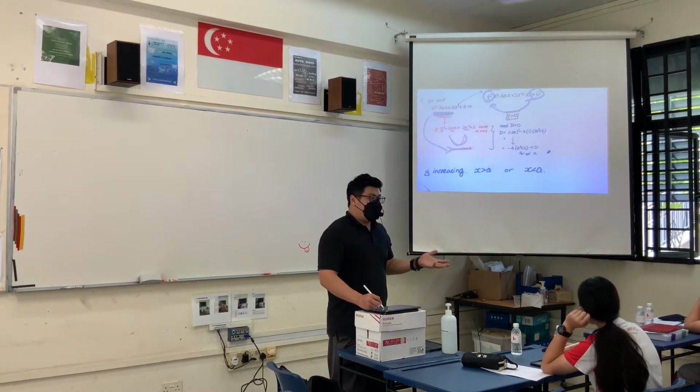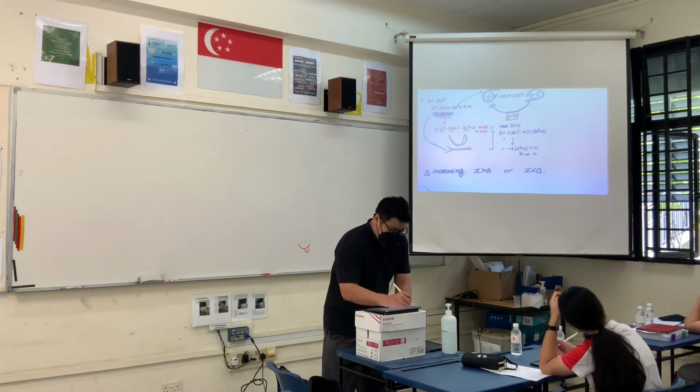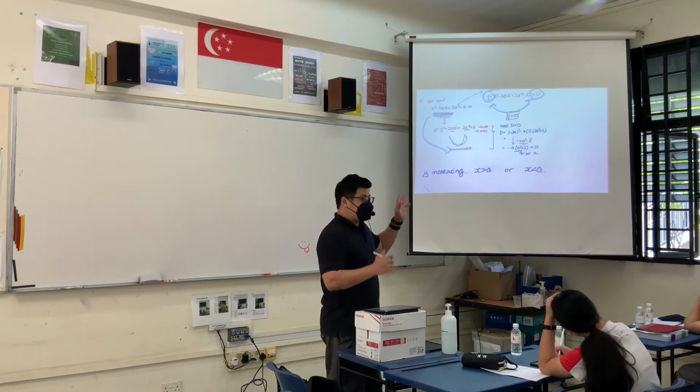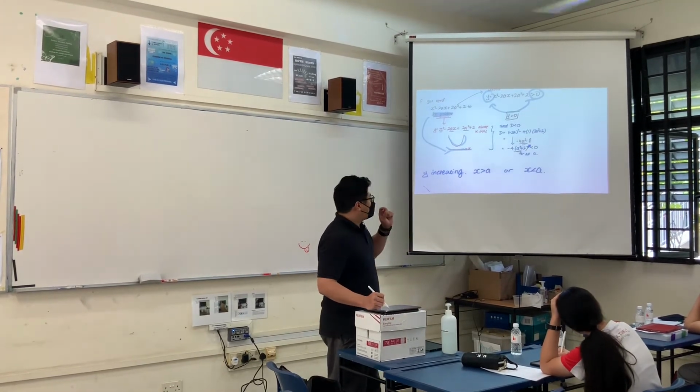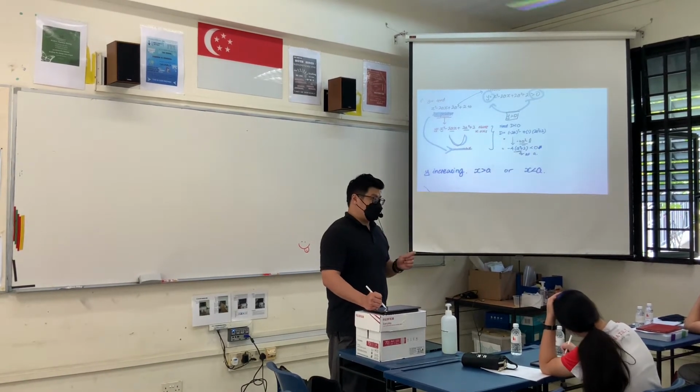It's less than 0 for all a. Irrespective of what a is, your discriminant is guaranteed to be less than 0.